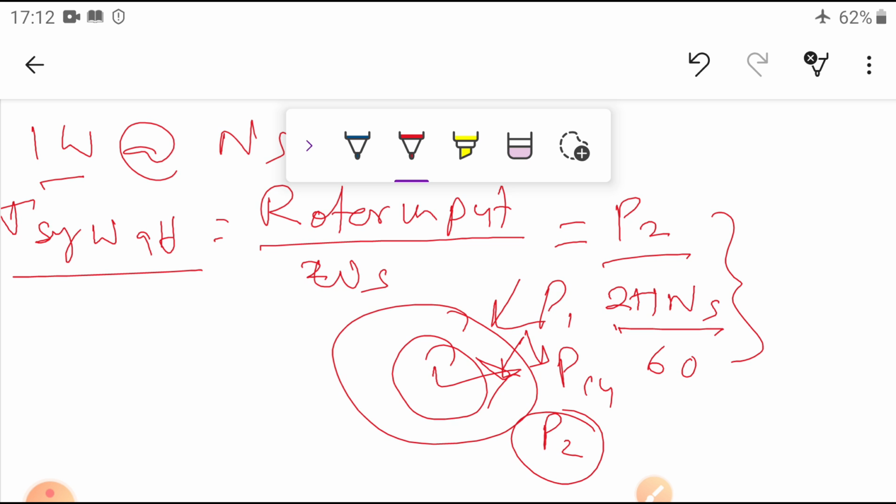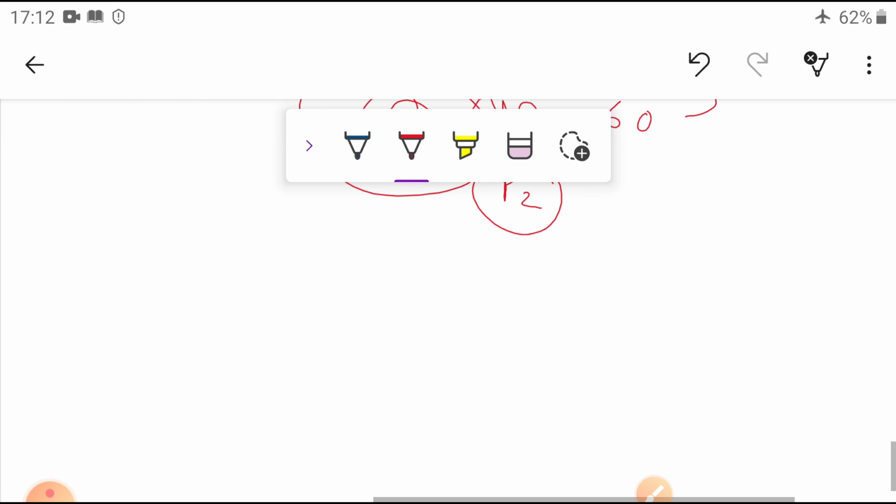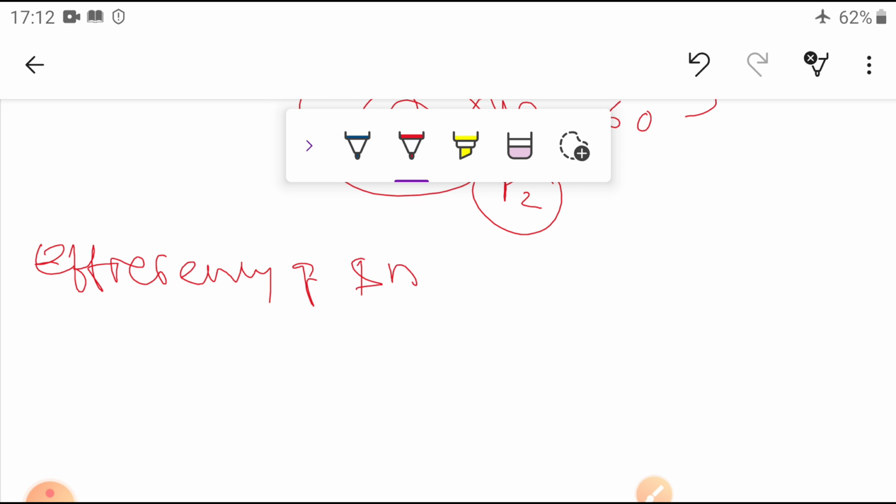Now we know all the relations, what T shaft is, everything. Now let us find the efficiency of the induction motor. We know the input, we know the output.